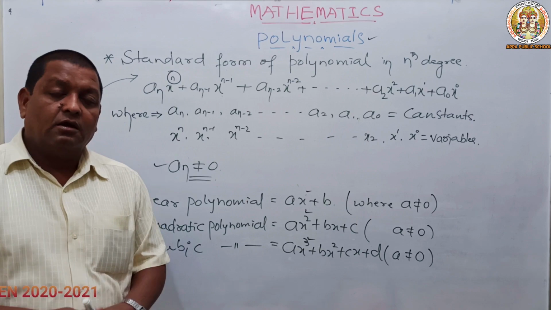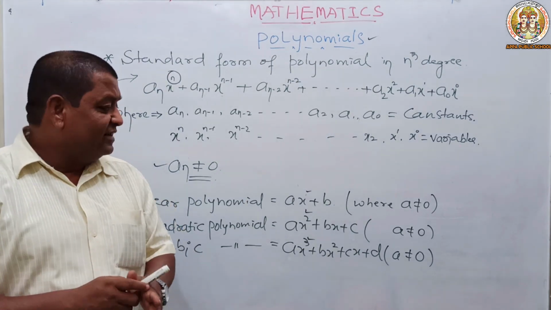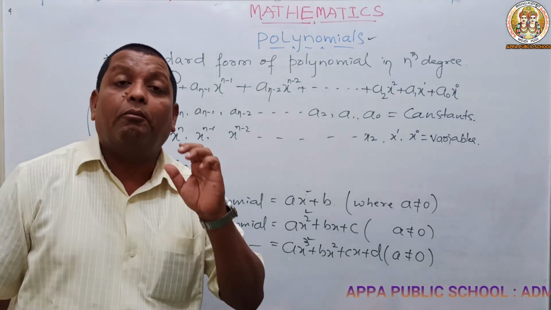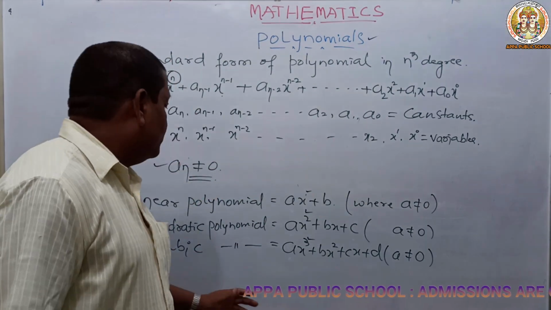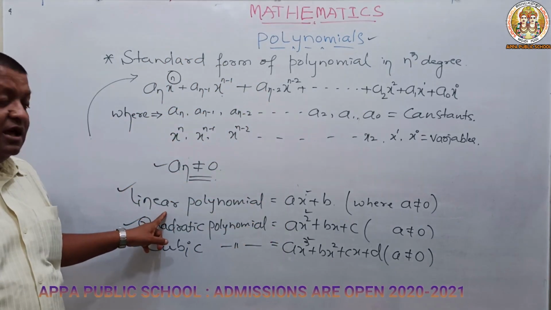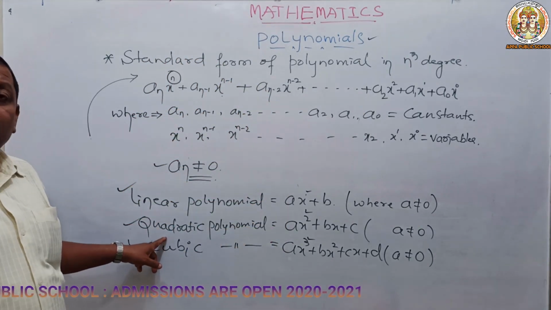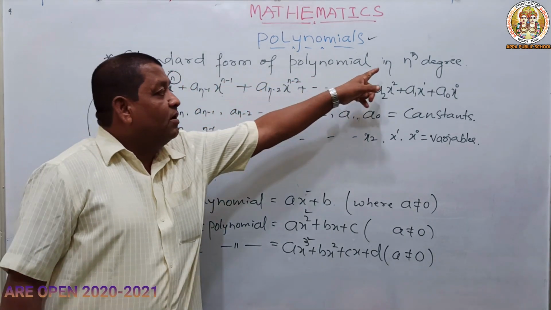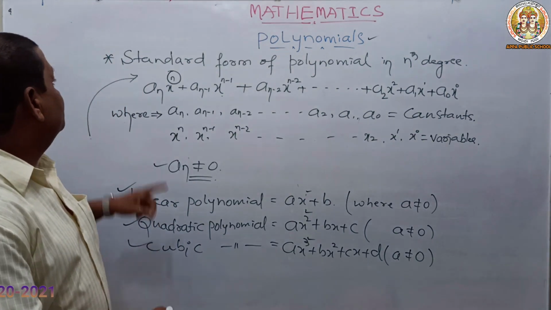Suppose it is in z, polynomial in z. It depends upon the variable. Maximum we are going to have x as a variable. So this is about the standard form of linear, quadratic, cubic polynomial and the polynomial of nth degree.